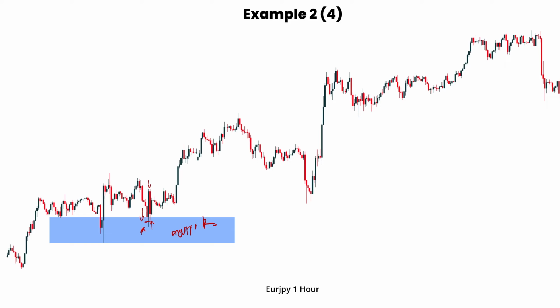And obviously the market shot to the upside, but if we look closely, we found the same pattern here. The market pushed higher, found the same pattern here, market pushed higher, found the same pattern here. What I mean is that even if you are scalping, this is the 1 hour time frame, you found the same pattern here, dropped lower. This one failed, and then we don't have anything here.